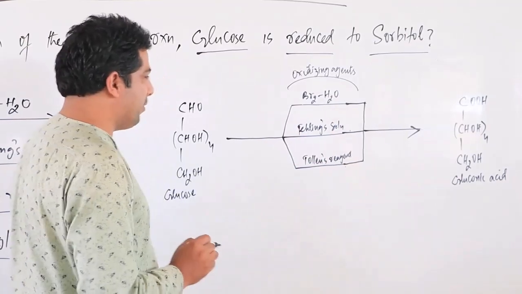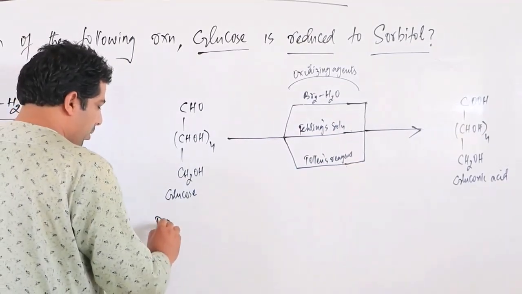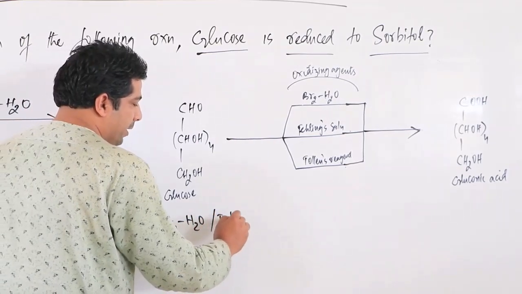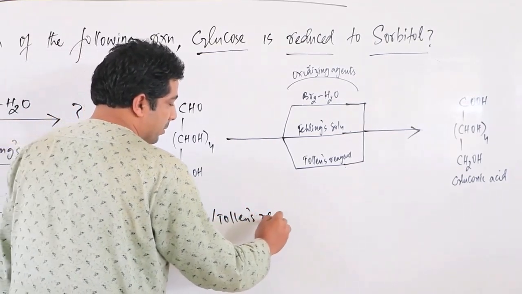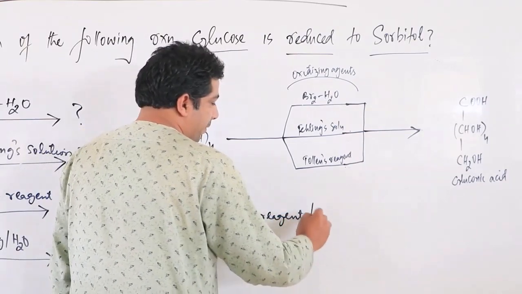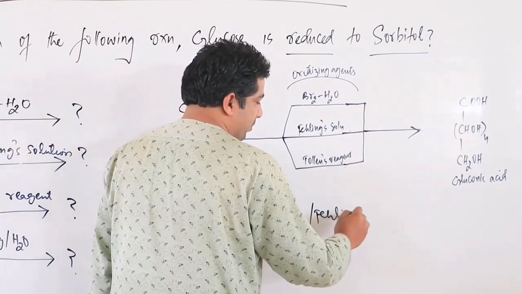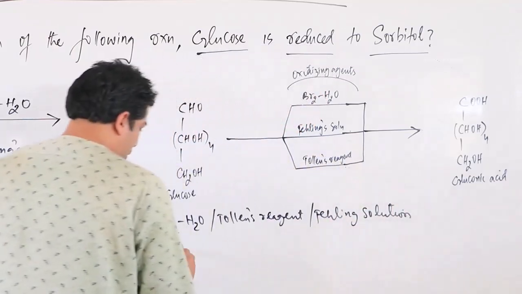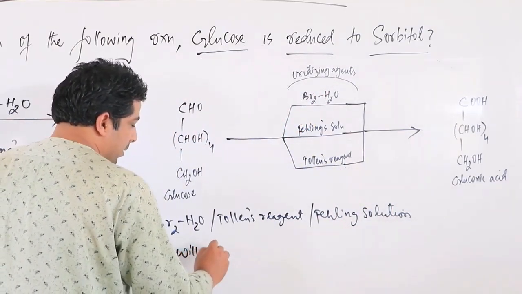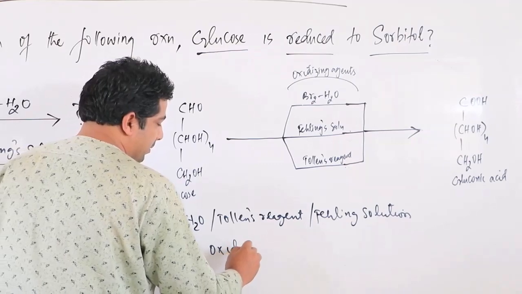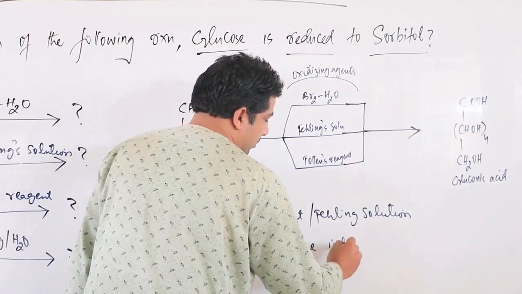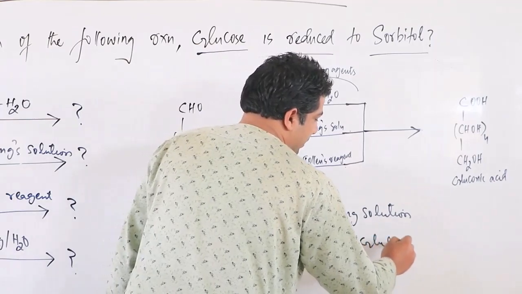So I will write down bromine water or Tollens reagent, or you can say Fehling solution, will oxidize glucose into gluconic acid.